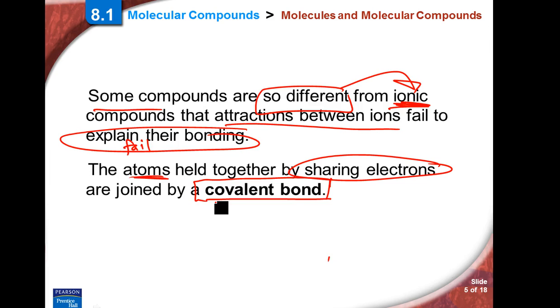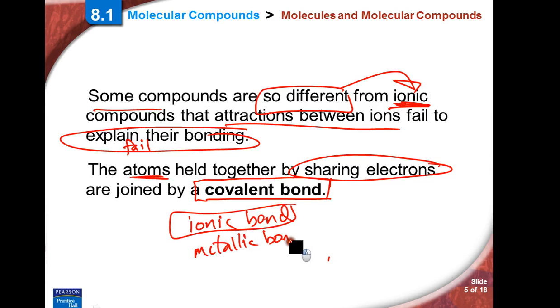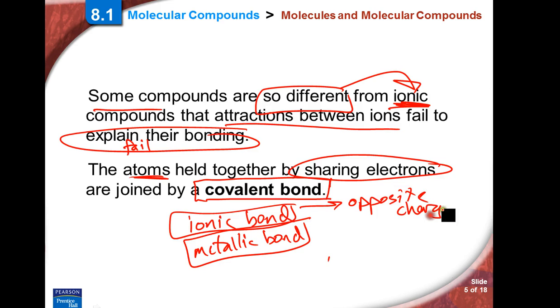Now, the bond that we talked about for ionic compounds was the ionic bond, right? We also talked about metallic bonds. Metallic bonds and ionic bonds were different. Ionic, we said these were opposite charges attracting.